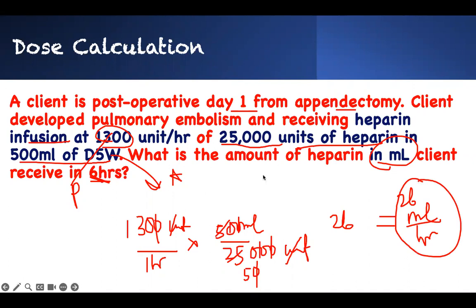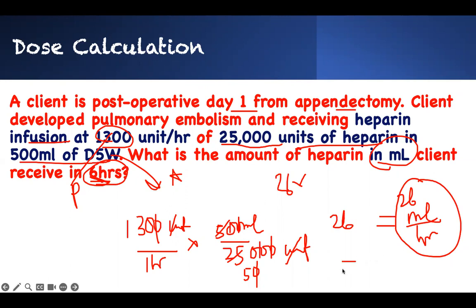But look at the question. What is the amount of heparin in ml the client receives in 6 hours? So 26 times 6. Every hour is receiving that much. So in 6 hours, it's going to change. You just multiply by 6, basically. So 26 times 6 is 156.